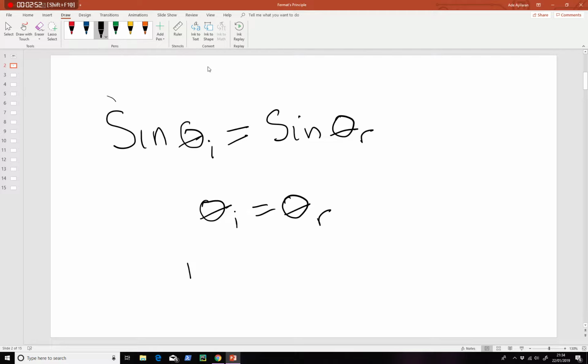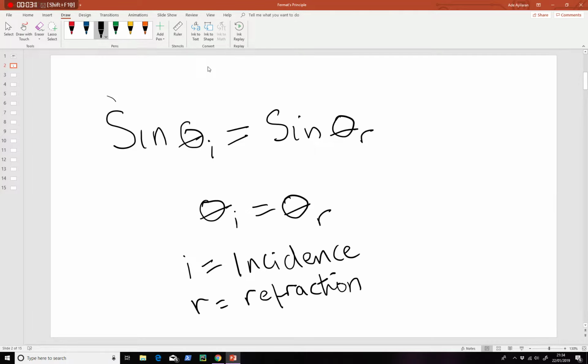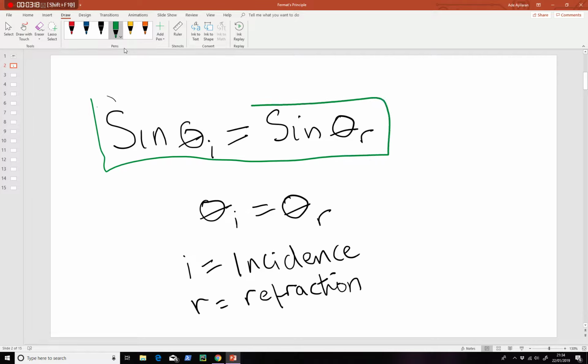And just so that I don't confuse anyone, I stands for incidence, and R stands for reflection. So in a nutshell, this is the law of reflection. Okay, and you would have learned this in first year A-level physics.